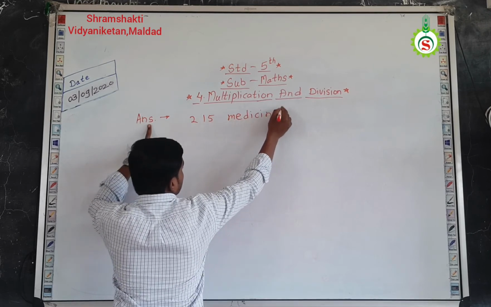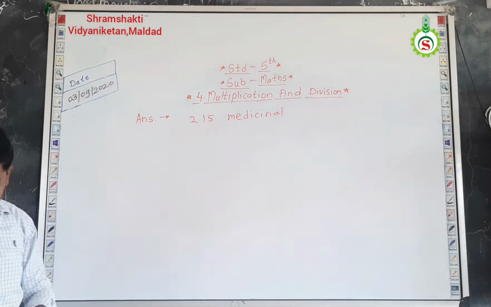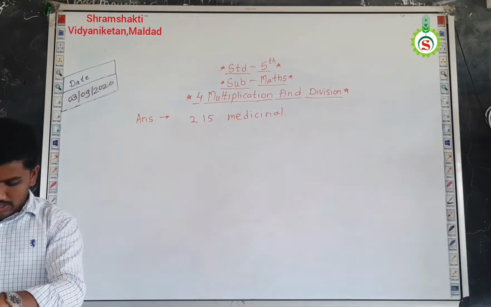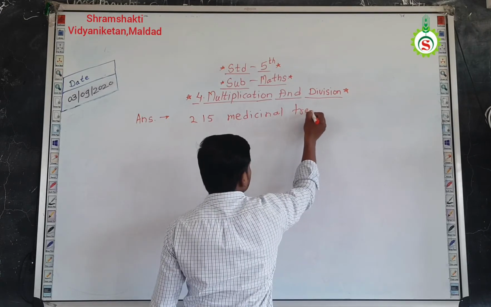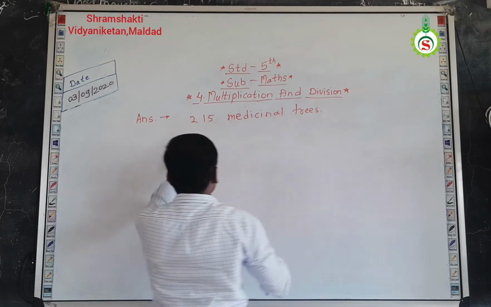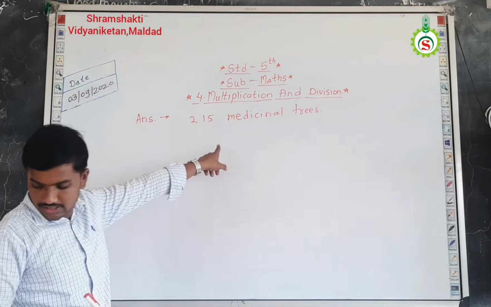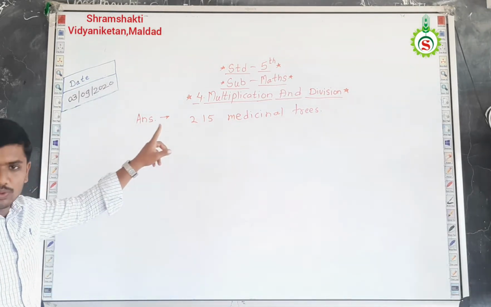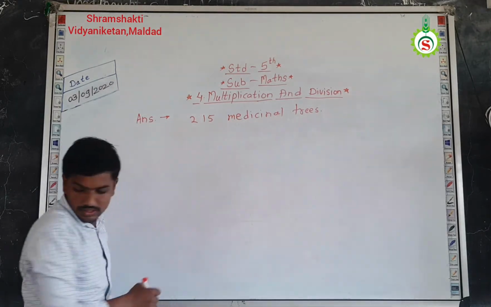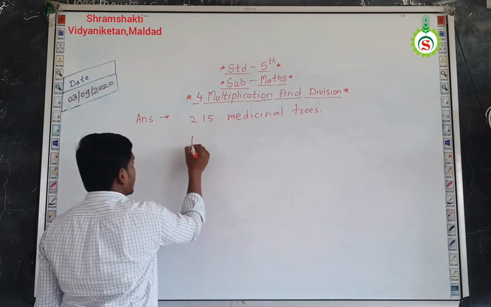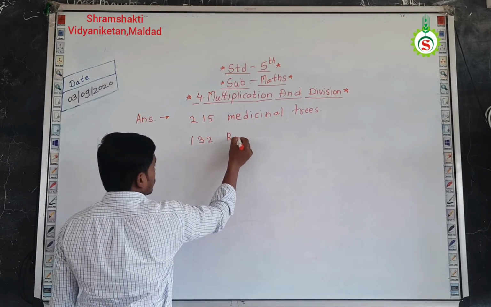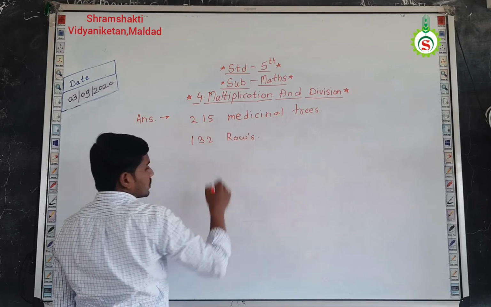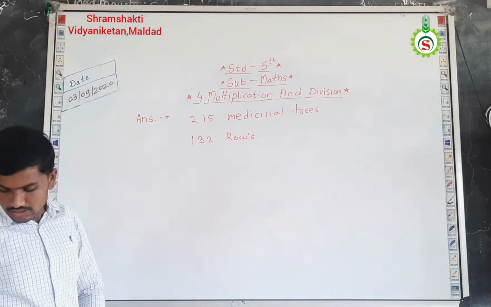Okay, 250 medicinal trees, and total number of rows are how many? Total number of rows 132. 132 rows are there.